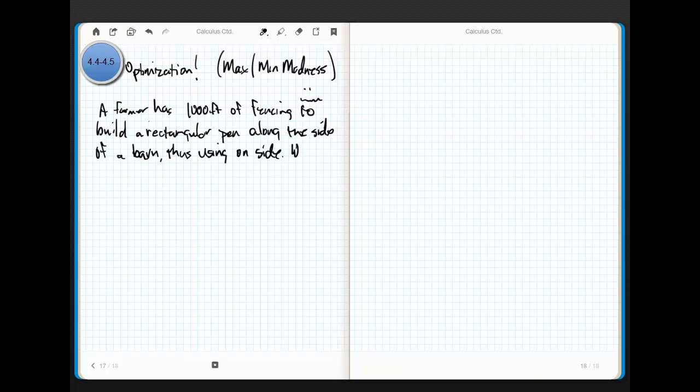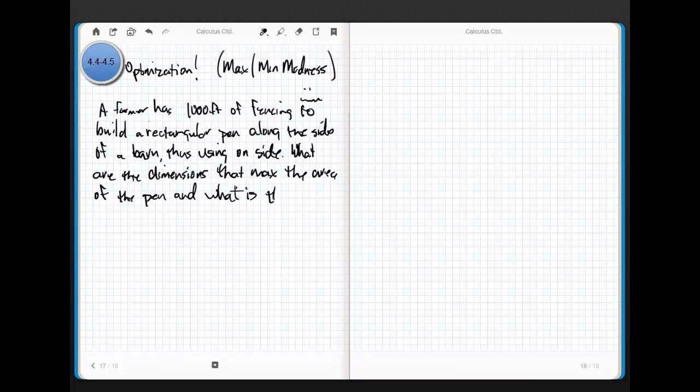What are the dimensions that maximize the area of the pen? And what is that area? Now this is really two separate questions, but we'll be able to answer it all at the same time.